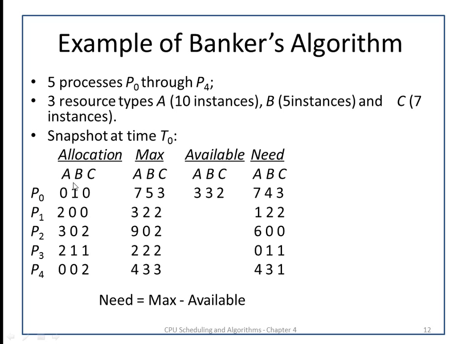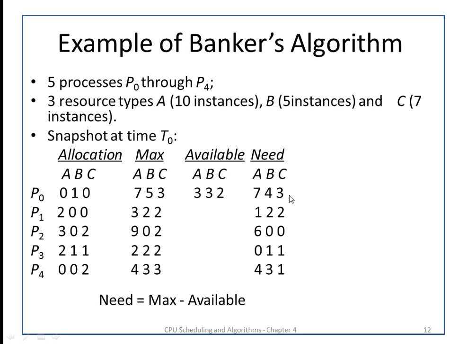P0 has 0 instances of type A, 1 instance of type B and 0 instances of type C, and the maximum resources required for the execution of P0 are 7 instances of A, 5 instances of B and 3 instances of C. The available resources in the system are 3 instances of A, 3 instances of B and 2 instances of C.